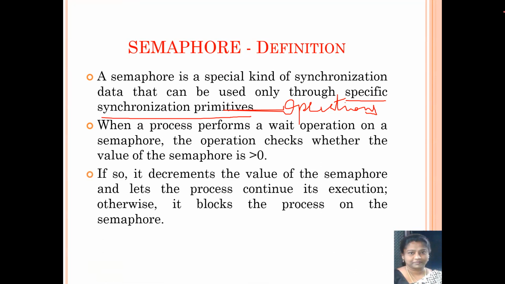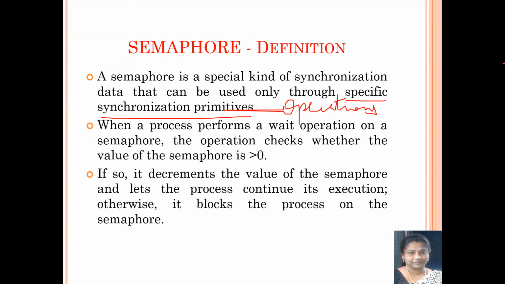Then coming to the next operation, which is called the signal operation. Whenever the signal operation is executed on the semaphore, it means the value of the semaphore has to be incremented. That is, whenever a process finds out that the semaphore is greater than 0, the value of the semaphore will be decremented and the process will be allowed to execute.